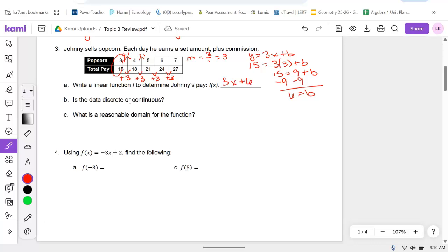Is the data discrete or continuous? It is going to be discrete because you can't buy in between popcorns. So it's discrete.